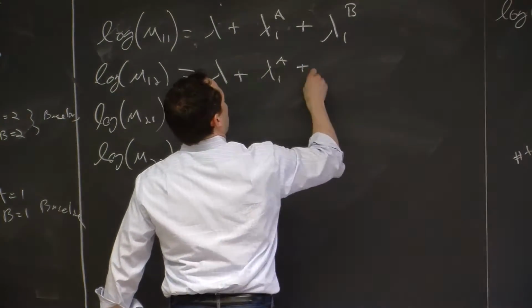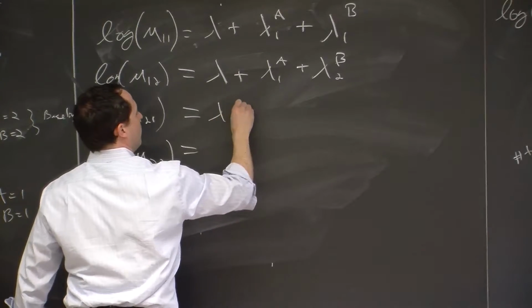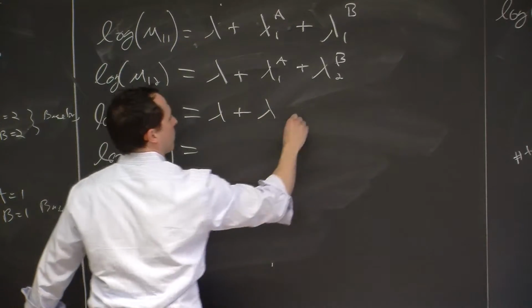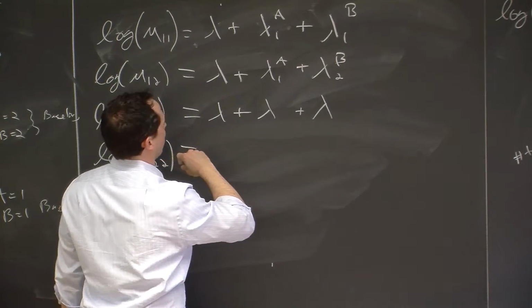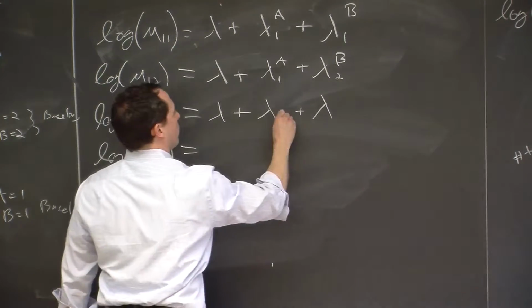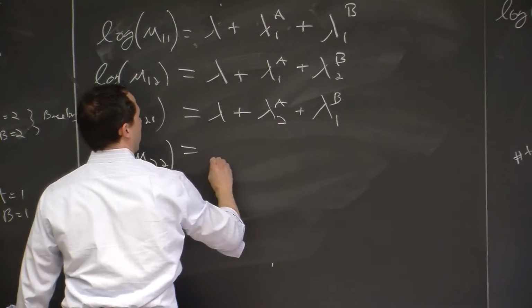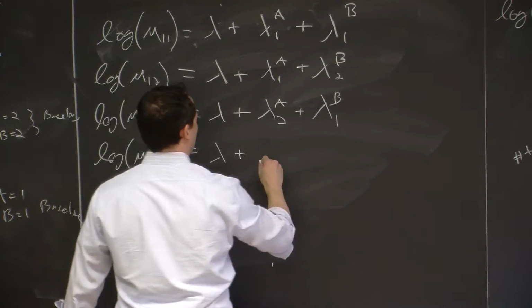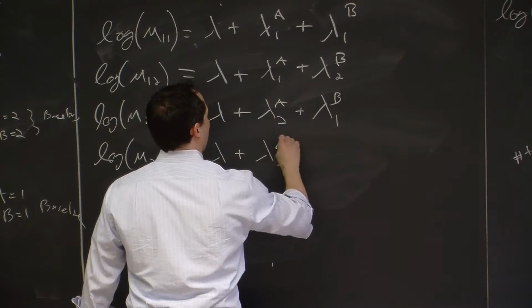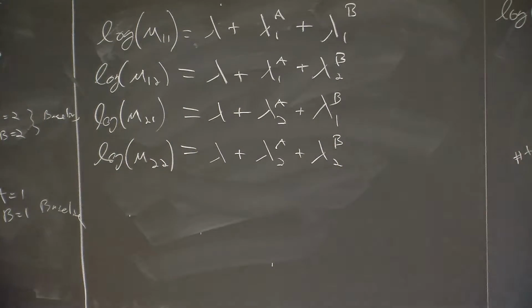And 2, 1. What about 2A and 1B, and then 2, 2? And we're still doing an independence model, otherwise we would have some more terms: lambda 2A, lambda 2B.